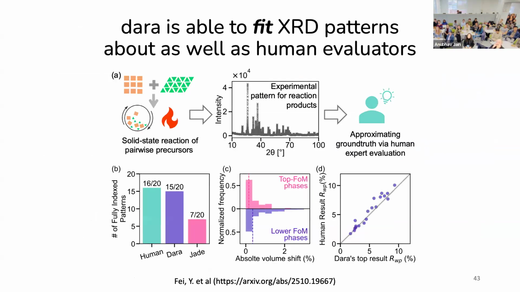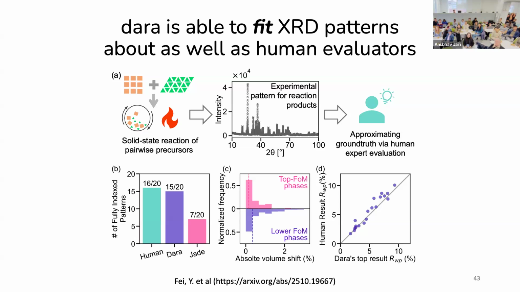In their initial tests, they did a bunch of solid state reactions. They had a bunch of these powder X-ray diffraction patterns. They had human experts try to fit the patterns, they had this DARA software fit the patterns, and they had one of the industry standards, called J, try to fit these patterns.